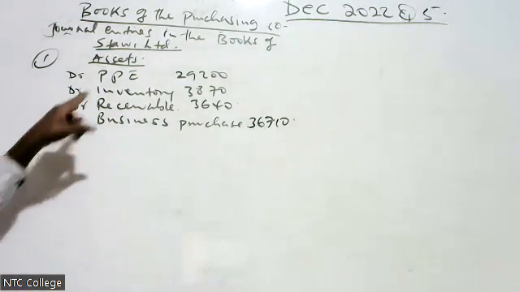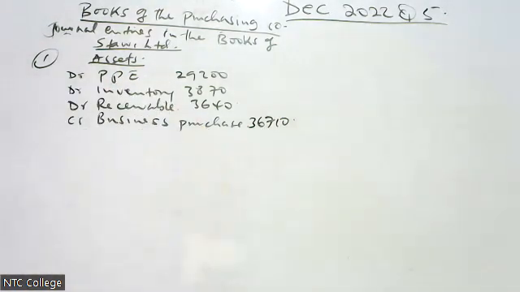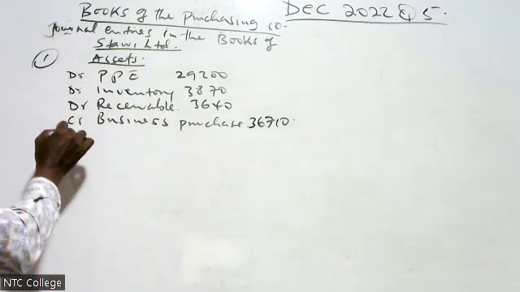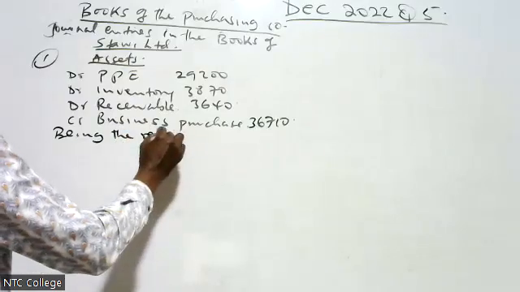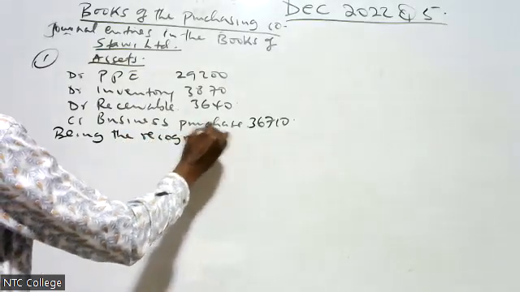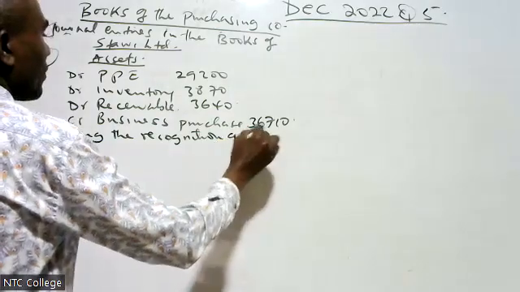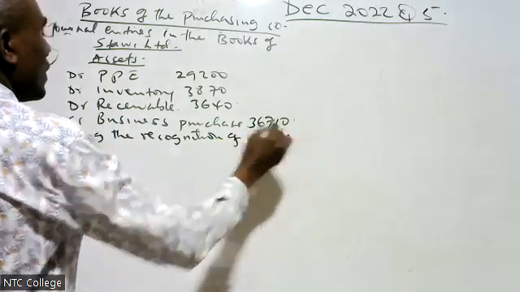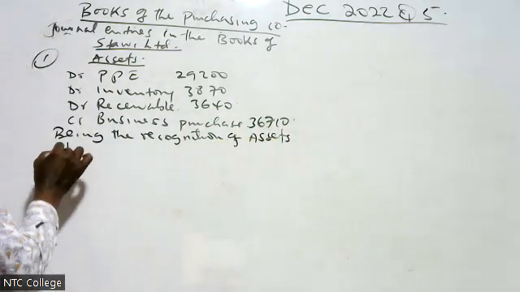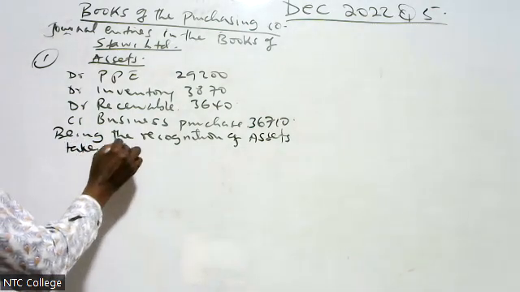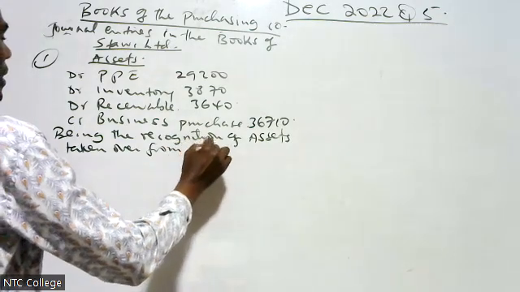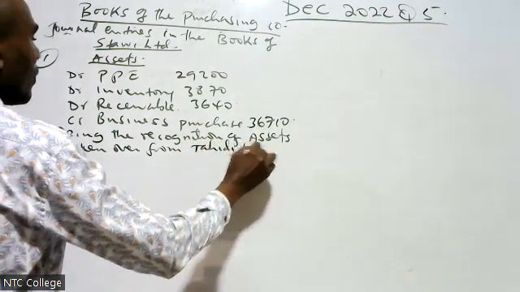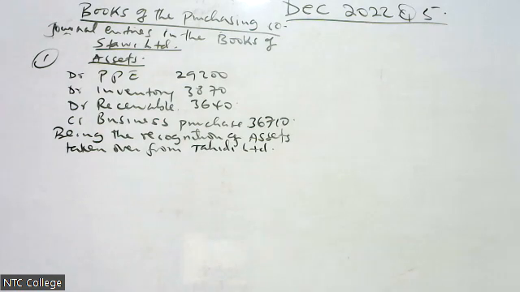You credit business purchase with this total, which is 6,710. Then we give a narration, we say being the recognition of assets taken over from Dahiti Limited.